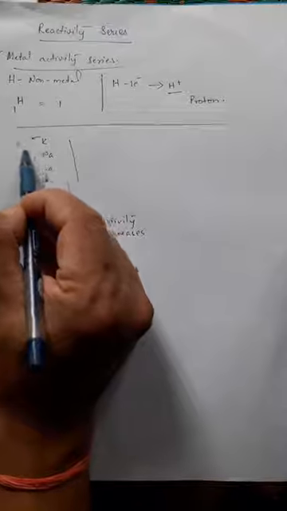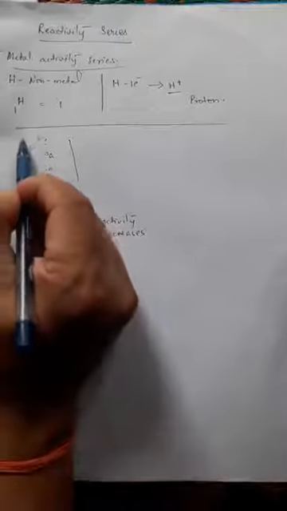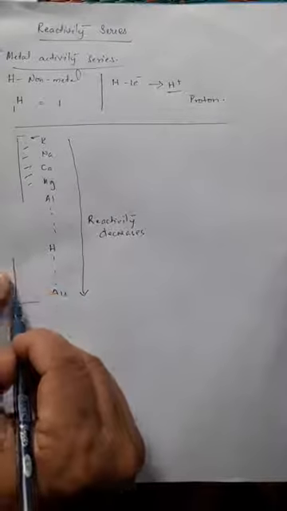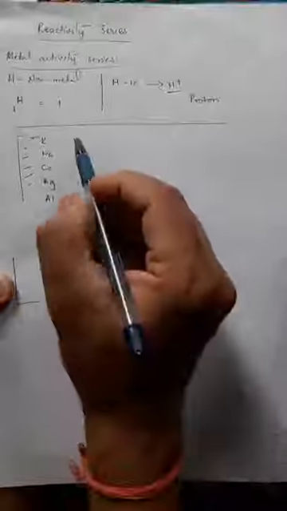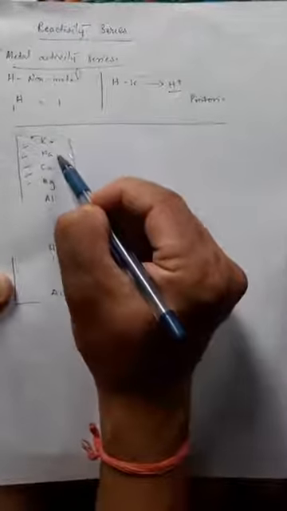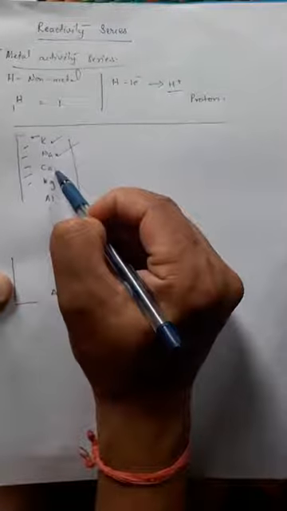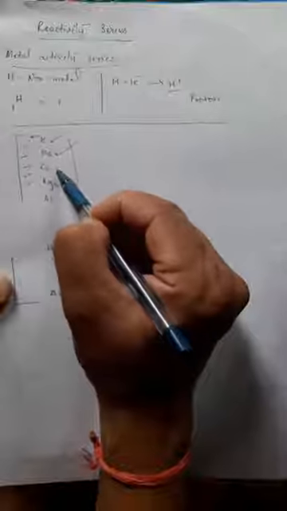Those elements which are on the top, and those which are at the bottom, we need to segregate them. Elements present above will be more reactive. So we can say that potassium is more reactive than sodium, sodium is more reactive than calcium, calcium is more reactive than magnesium.